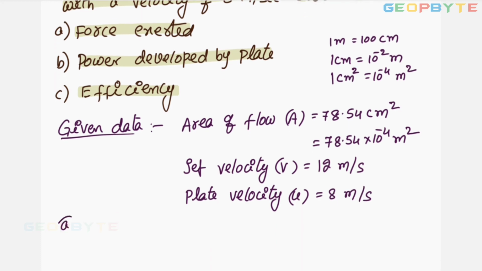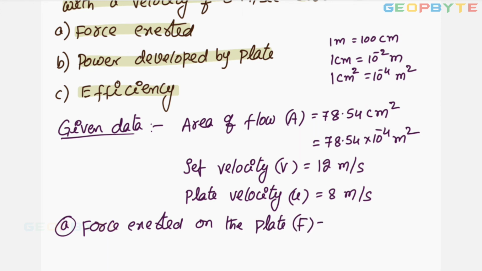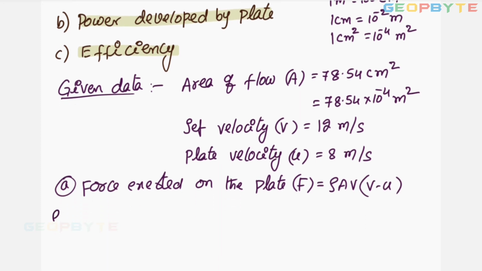Force exerted on the plate, F equals rho A V into (V minus u). The density of the water need not be given in the problem. That is a standard value. Density of the water equals 1000 kg per meter cube.